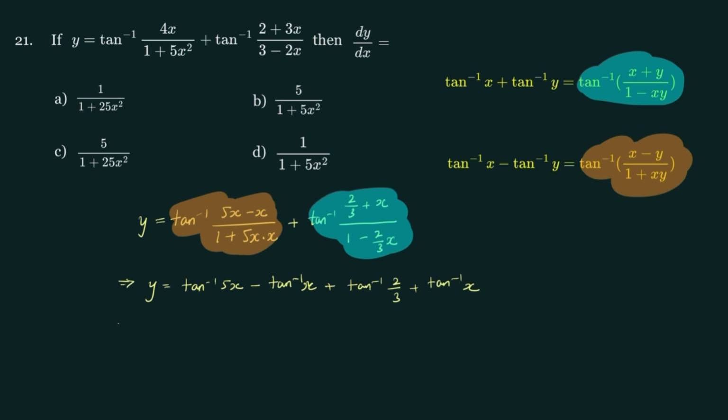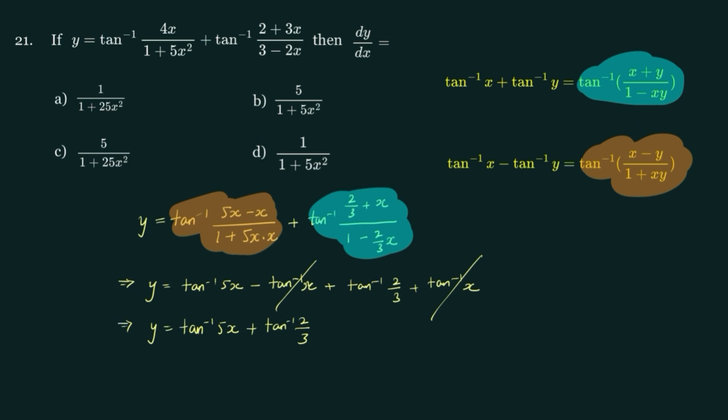So my equation will be simplified to this. Now here, as you can see, positive tan inverse x and negative tan inverse x get cancelled to 0. So y will be equal to tan inverse of 5x plus tan inverse of 2 by 3.